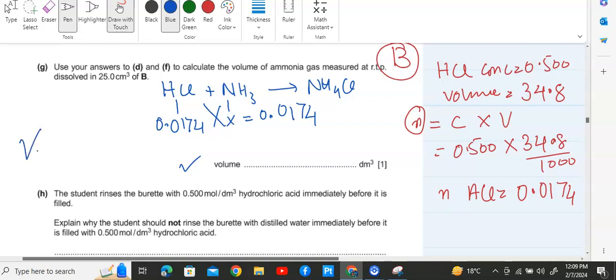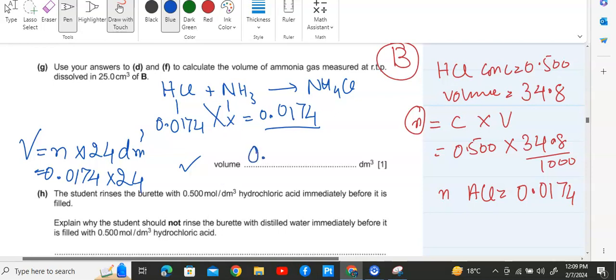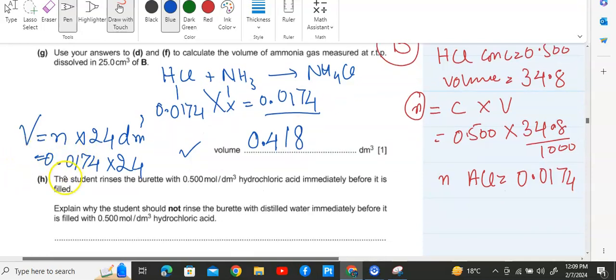What is the formula? Volume is equal to n into 24 dm cube because they are talking about gas. So 0.0174 into 24, and the volume is 0.4176. You can also write 0.418. The answer should be to 3 significant figures.